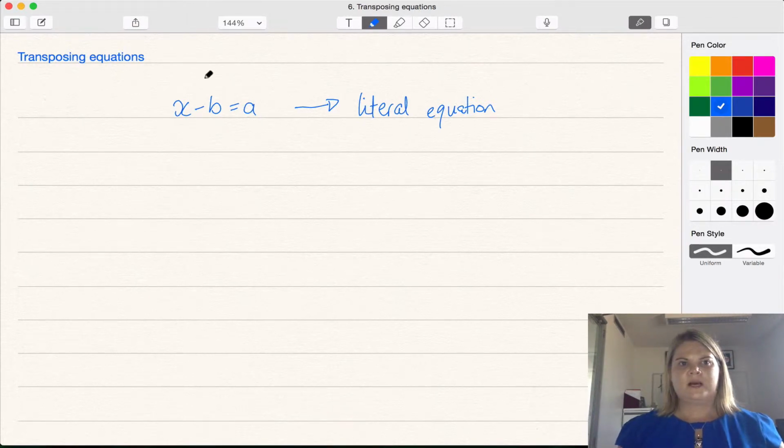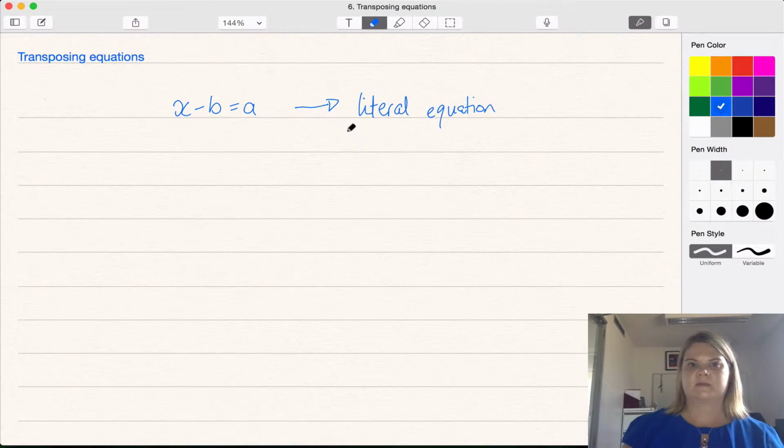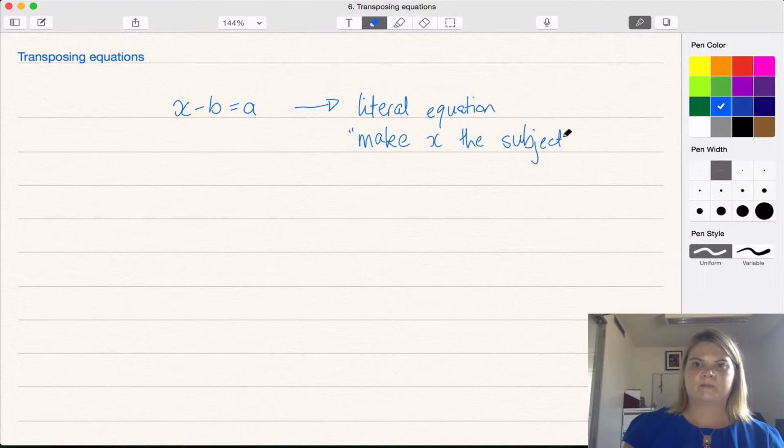When you are asked to transpose an equation, you will be asked to make one of the variables the subject. So the question will say, make X the subject, or it might say make B the subject, or make A the subject.